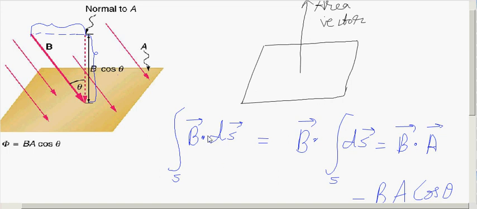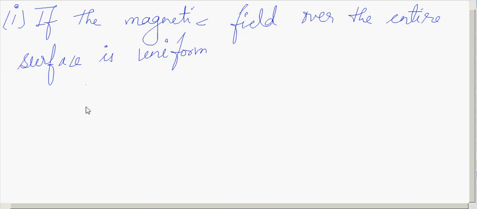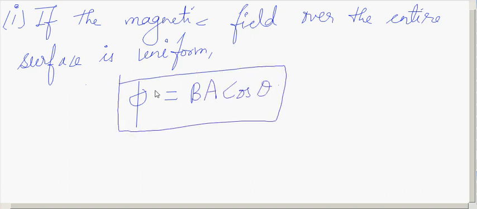So in case of uniform magnetic field only we got this equation, because that time we took area as A, BA cos theta. If the magnetic field over the entire surface is uniform, then phi is BA cos theta.